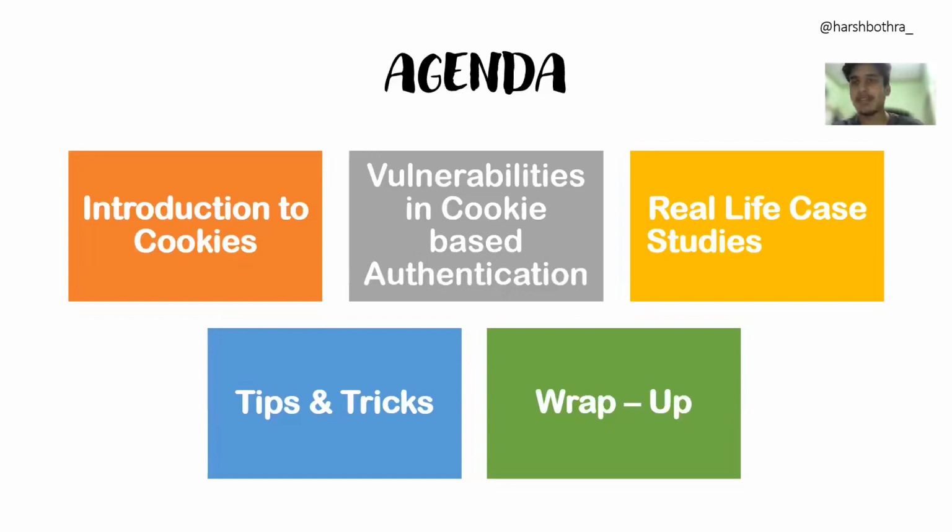We are going to look at an introduction to cookies, and further we are going to talk about some vulnerabilities in cookie-based authentication, and some real life case studies and scenarios where I'll talk about my experience hacking cookies and cookie-based authentication, and how I was able to find some critical issues, some really interesting issues, just by analyzing the cookies in the right way. Then some tips and tricks for whenever you encounter cookies next, and at last a good wrap up. So without any further ado, let's move directly to our first part, introduction to cookies.